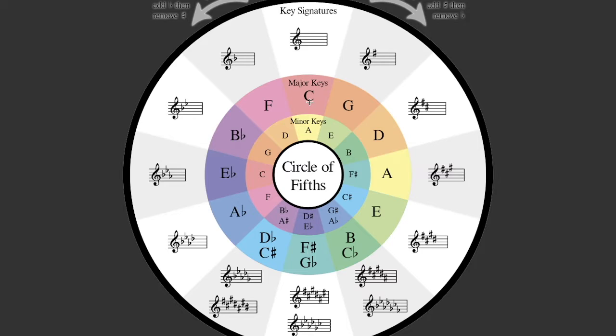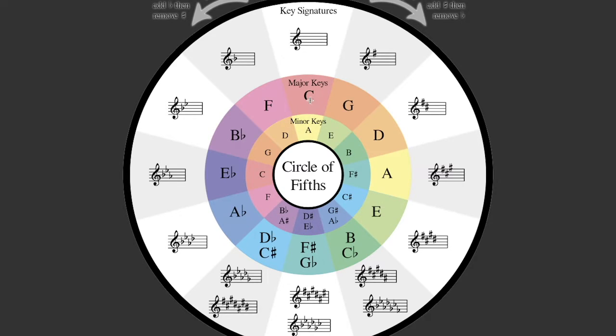So, without further ado, here's how we're going to do this. Going through the circle of fifths, we're going to deal with 3 chords at a time. And we're only doing this for major chords, but this will also apply for the minors, and I'll show you that as we go on as well.